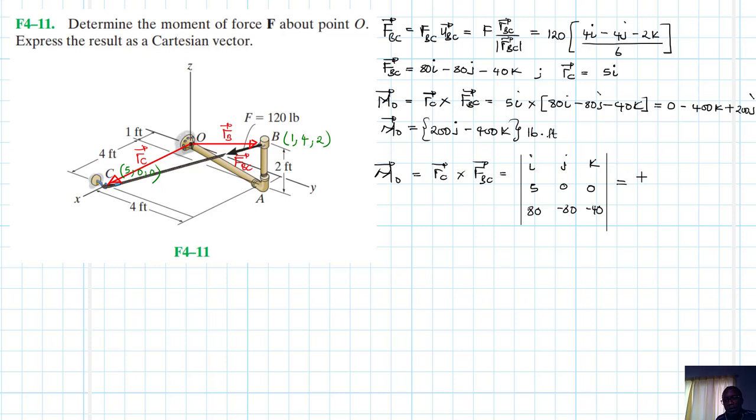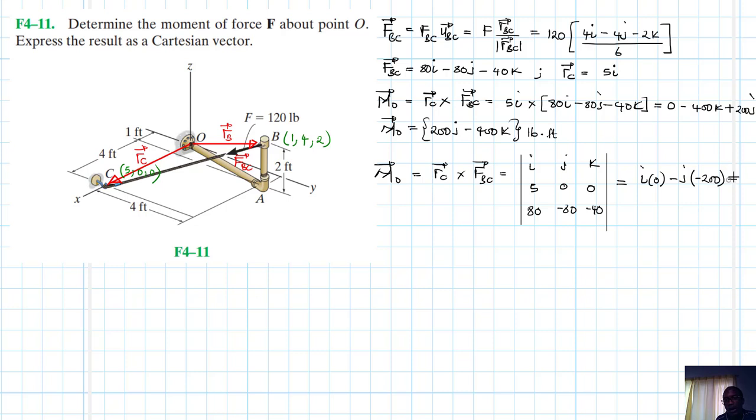We start with i. Here, both of them are just zeros. Then for j, we always introduce a minus. So this by this, and this by this, it is 200, and minus that, that's a 0.